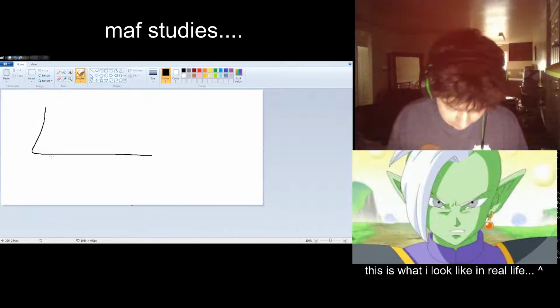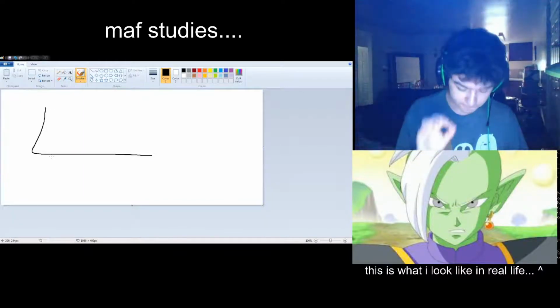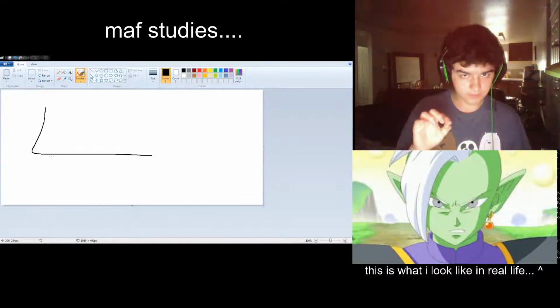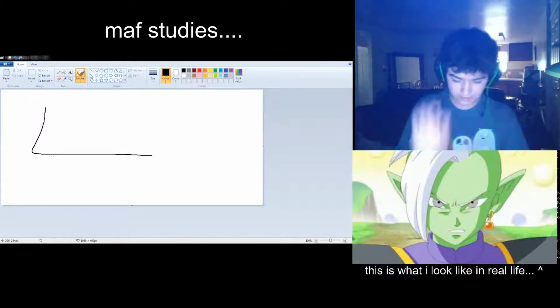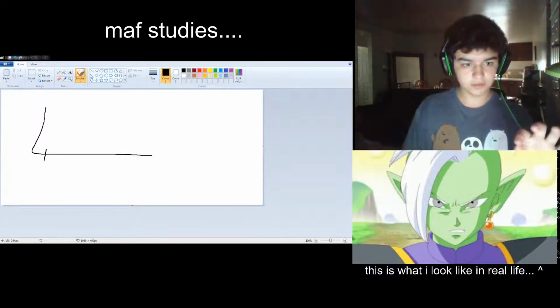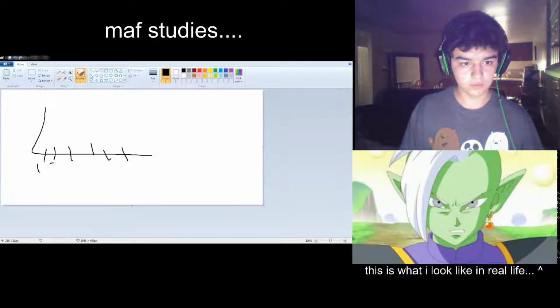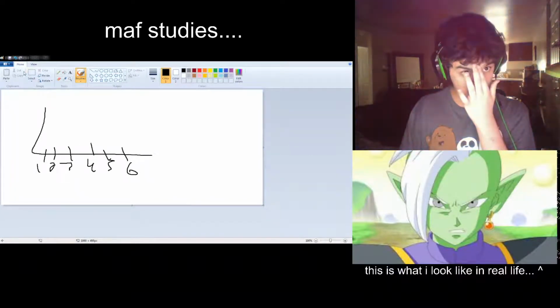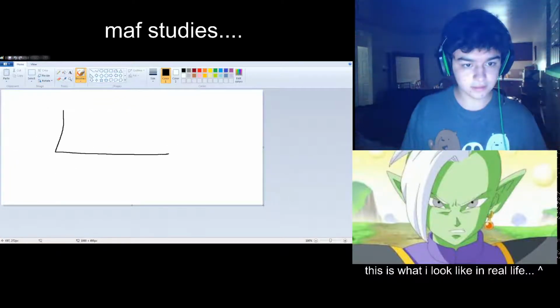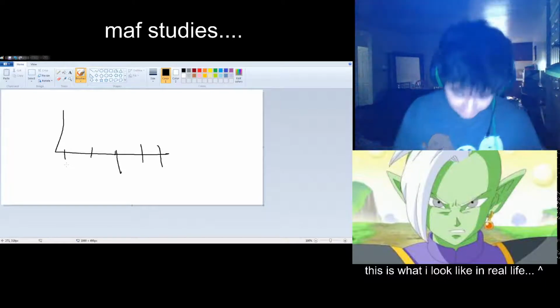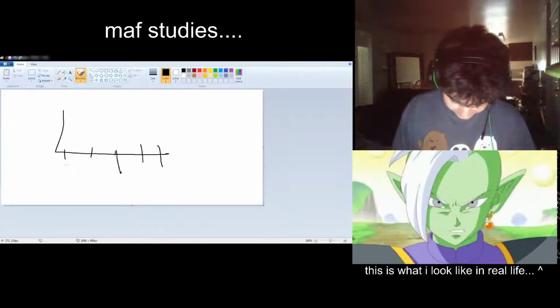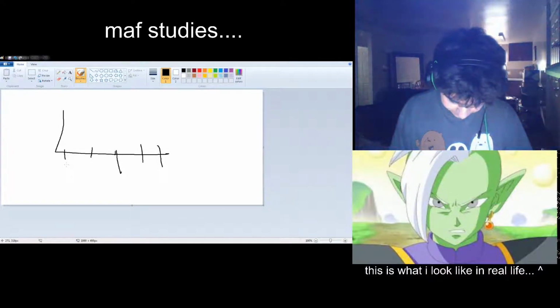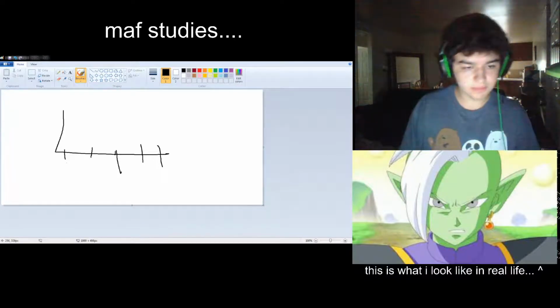Instead of making individual numbers on the line, like 1, 2, 3, 4, 5, 6, it's grouping numbers together, which I've never seen, which is really weird. But yeah, no, it makes sense.